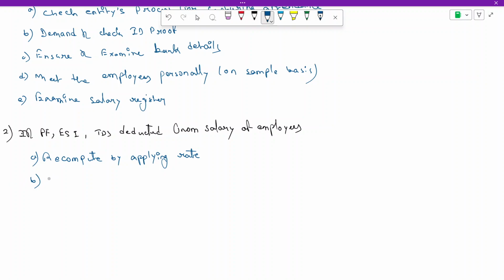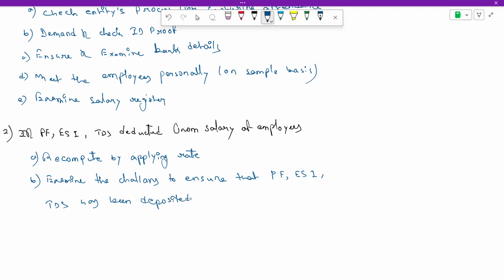And examine the challans to ensure that PF, ESI, TDS have been deposited.